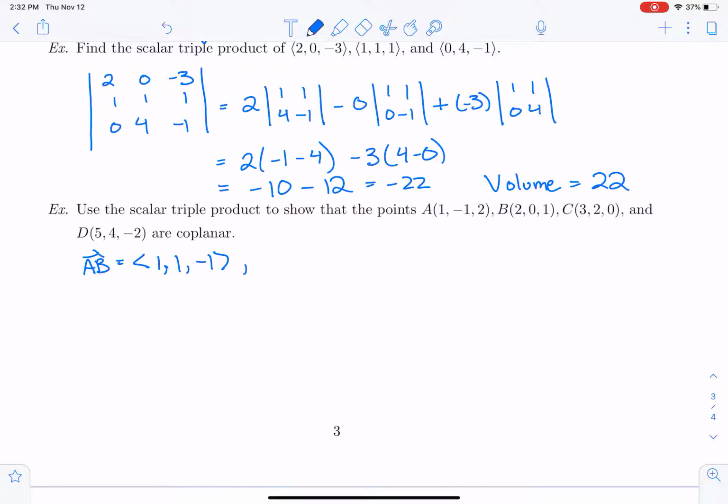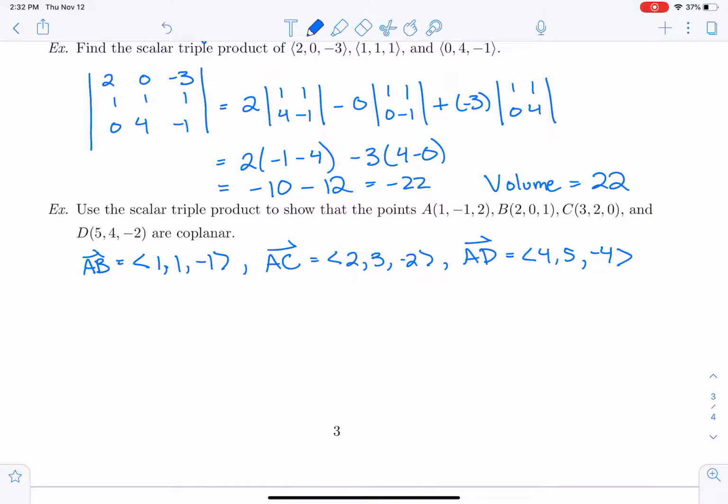The vector AC, that's going to be the point C minus the point A, which is 2, 3, negative 2. And then the vector AD, that's going to be 4, 5, negative 4 if we take the point D and we subtract the point A.